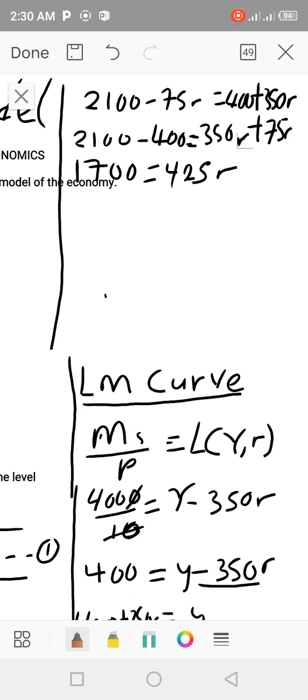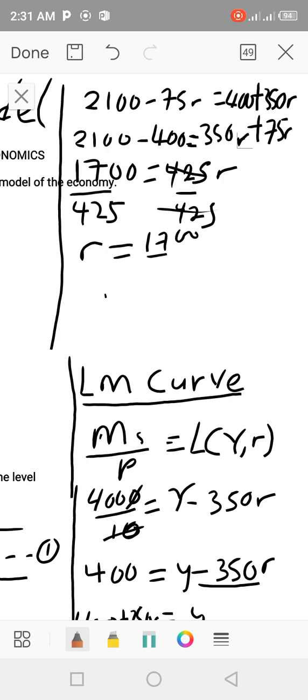Dividing both sides by 425, R is equal to 1,700 divided by 425, which is equal to 4.